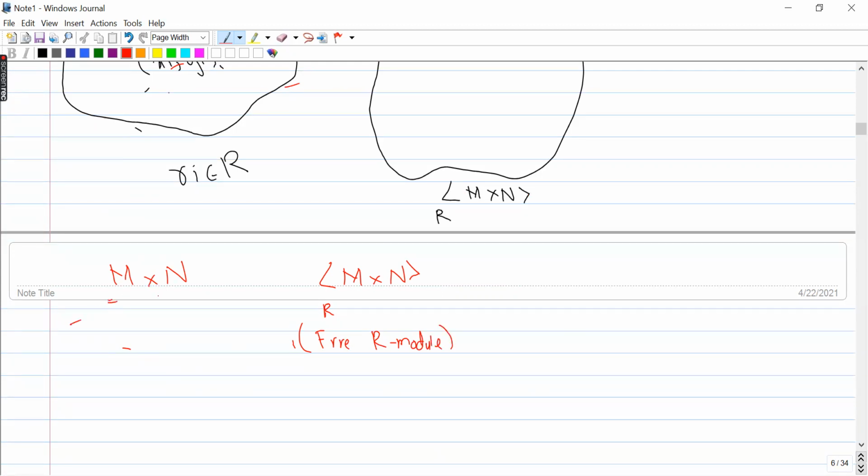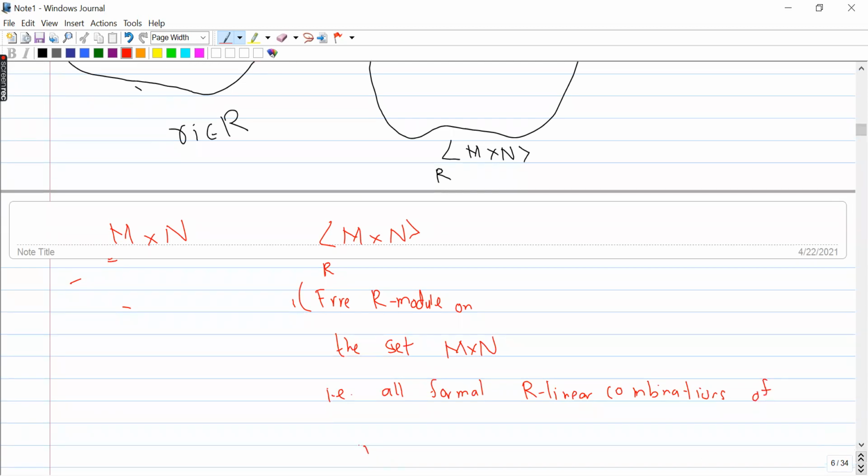Because all elements of M cross N are working as a basis, so this is a free module, or free R module on the set M cross N, that is, it contains all formal R linear combinations of the type which I defined earlier.